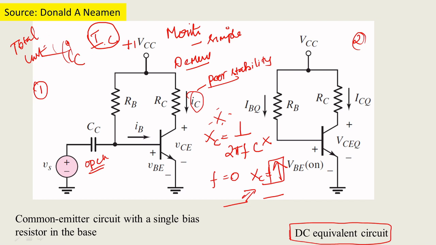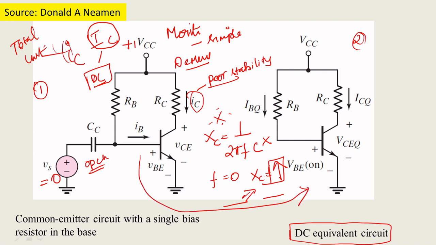When you see both capital, this is only with respect to the DC analysis. Now we are studying the DC analysis, right? That's why circuit 1 was modified as a DC equivalent circuit and we have removed the capacitor and also considered the source as 0. With respect to this only, this circuit was redrawn.